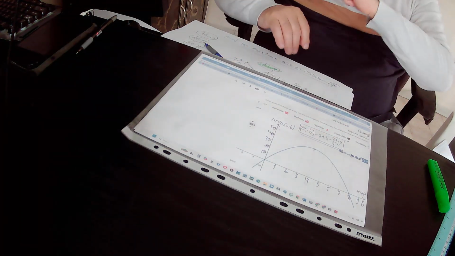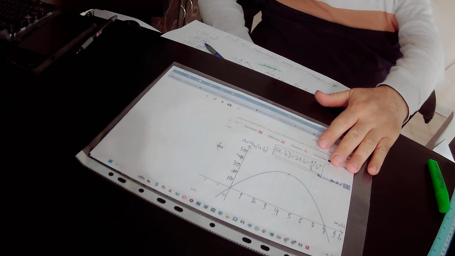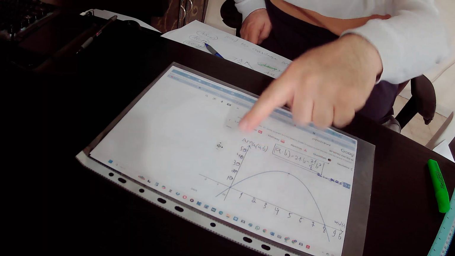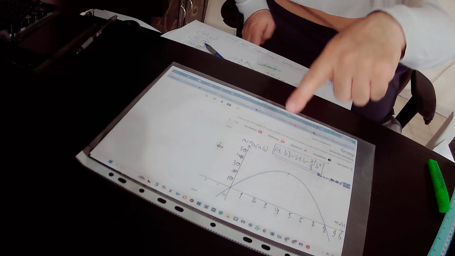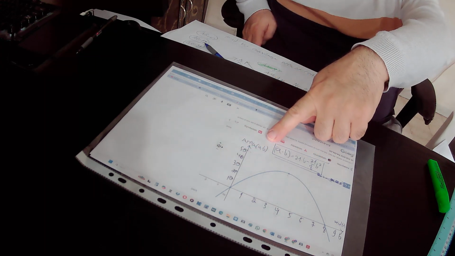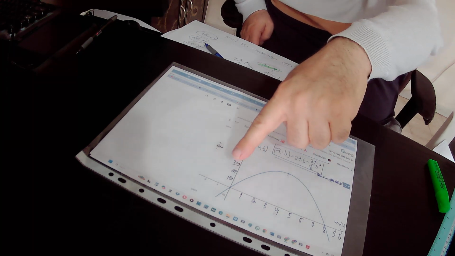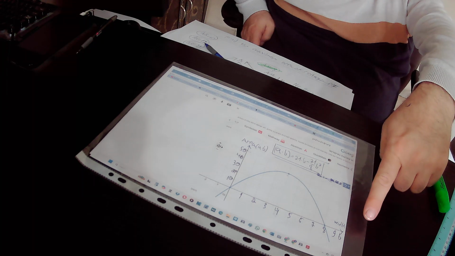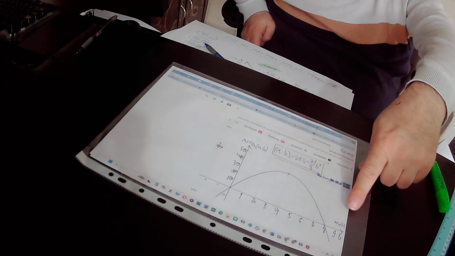This is the function area of rectangle PQST. On the y-axis, we have the area, that is a times b, which is the area of rectangle PQST, and on the x-axis, we have the width b.